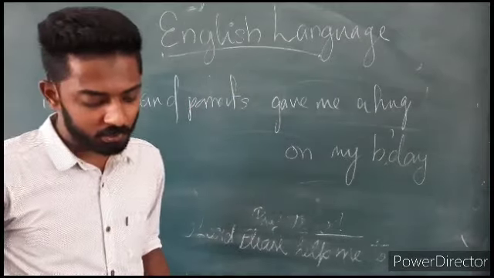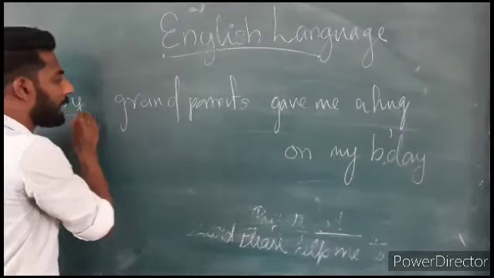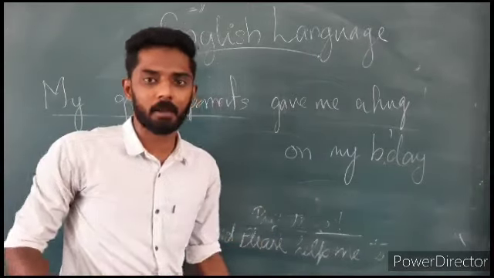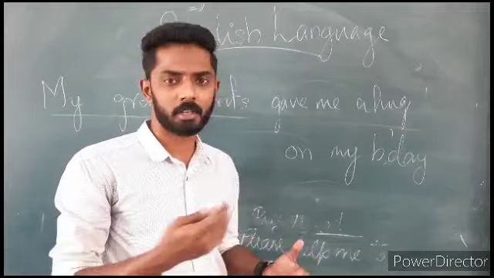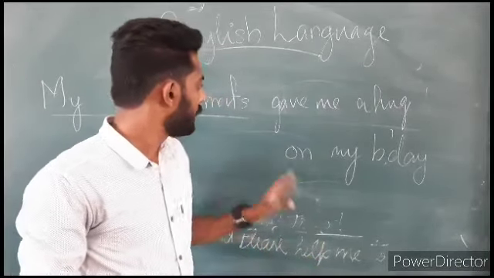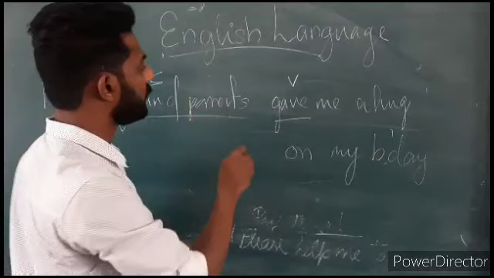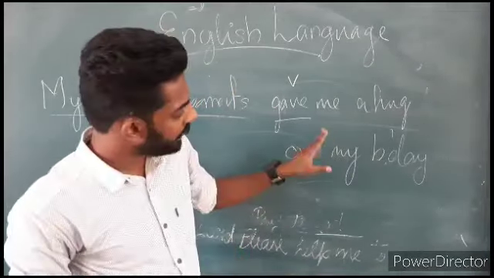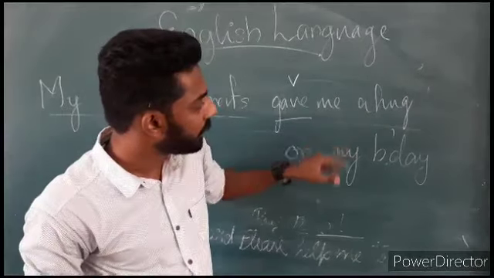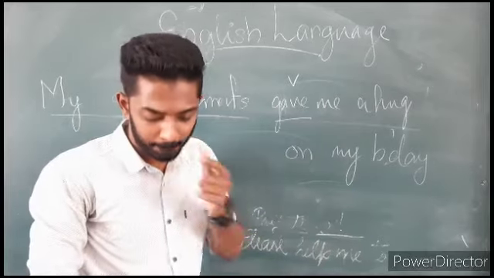What is the subject? My grandparents is the subject. It need not require any explanation. Then gave is the verb. This is the subject, this is the verb, and there is me, a hug, on my birthday.